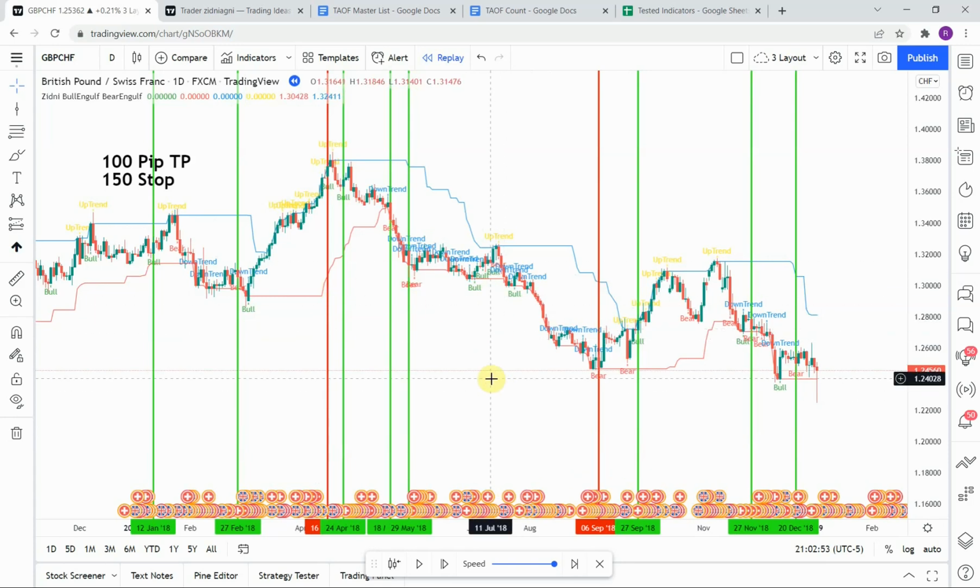It should be entering the market and really catching each of these waves of momentum that are taking place. So that's kind of my 2 cents on it.